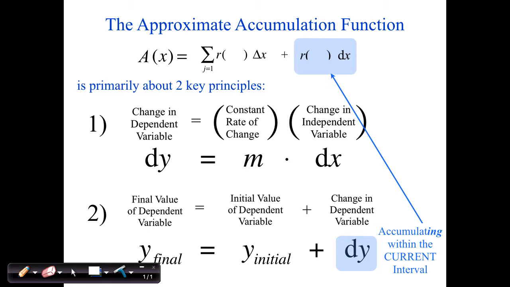The rest of the stuff inside the sum, there's j's and a's and delta x's, parameters and index values, but there's no variables within that sum. So for any value of x, that sum is fixed other than how many terms there are. How many terms are in the sum changes as x changes, but the sum itself is kind of fixed, and so the only part of this that's changing continuously as x changes is this last part.